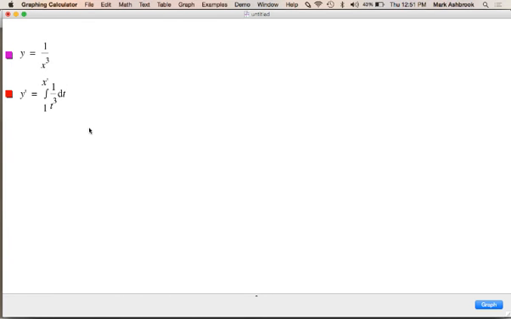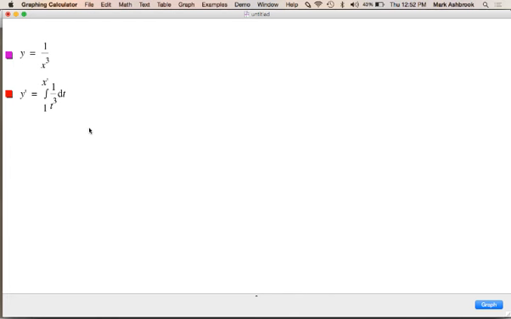So what am I doing here? So first of all, the prime is not derivative. It has nothing to do with derivative. It's just this software. Most of you know a graphing calculator, but in this software the apostrophe just means open up a second graph window. So I'm going to graph y equals the integral from 1 to x of that rate function.